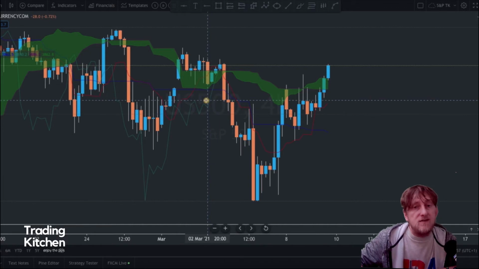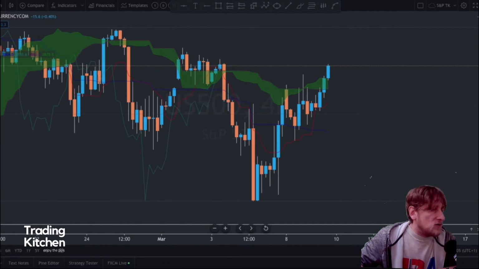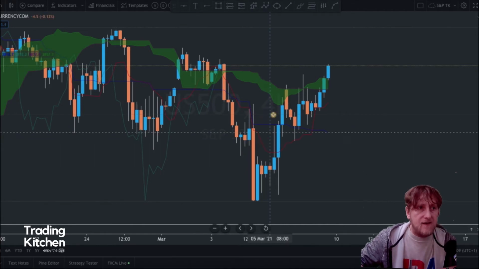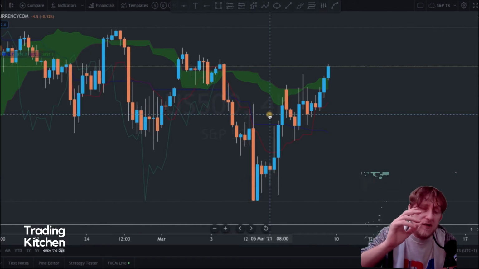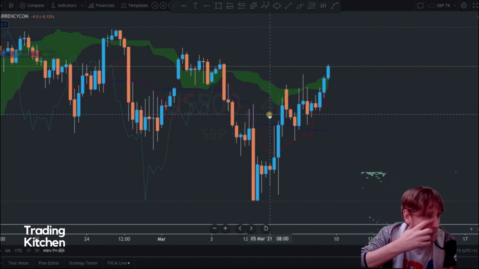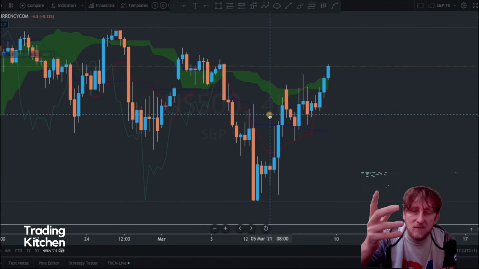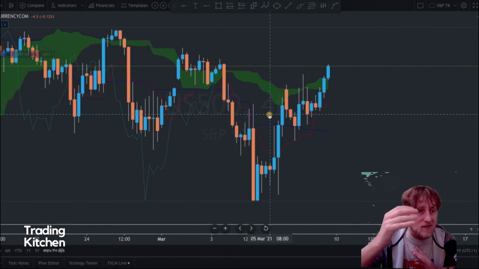These are something quite similar to moving averages. They are moving averages, to be honest. So let's first consider the red one. It has its own name. I really don't remember the name. Could be Tenkan-sen, something like that. Sorry for my Japanese pronunciation.